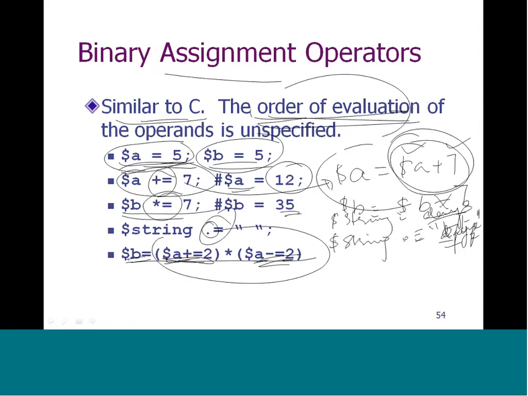One thing is that the order of evaluation of the operands is unspecified, so which one is evaluated first is not known, even though in most of these cases it's the same as saying a equals a plus 7. So the plus is evaluated first before the assignment, and a will get the value 12 or b will get the value 35.